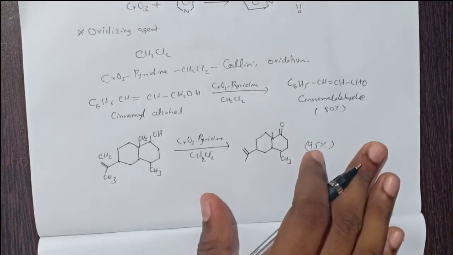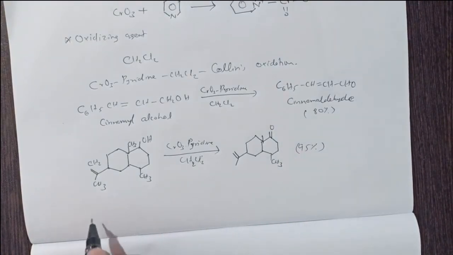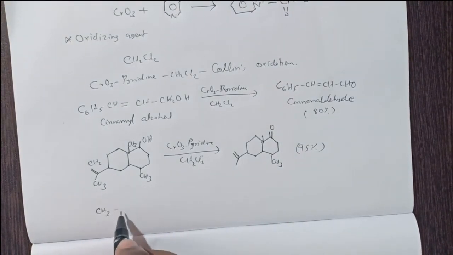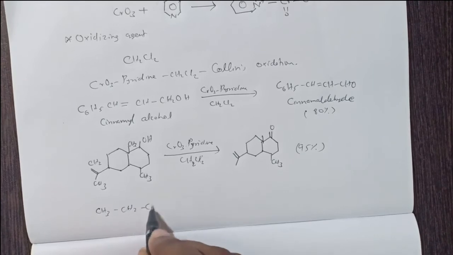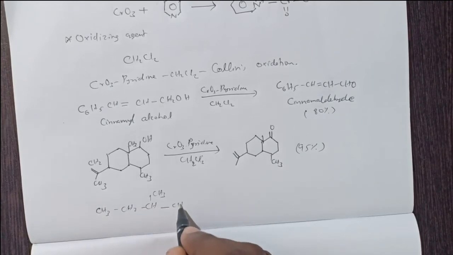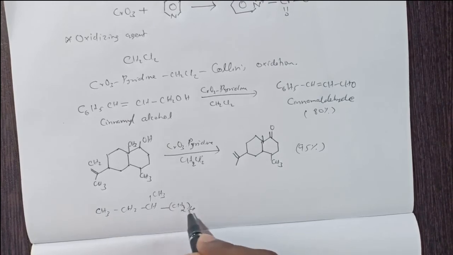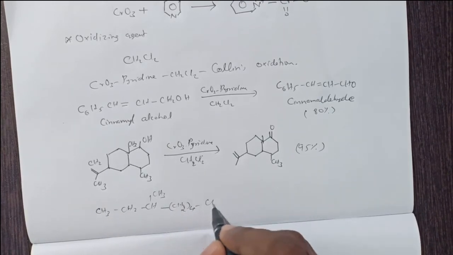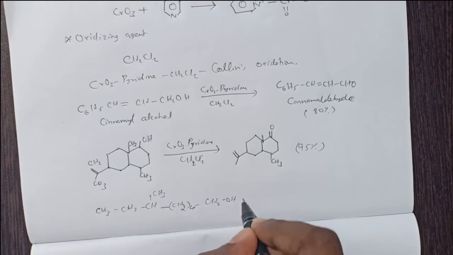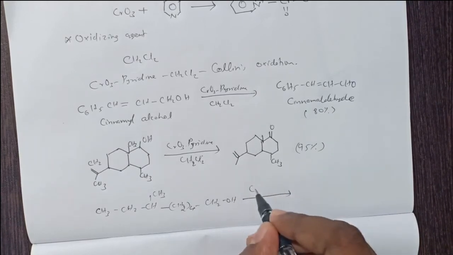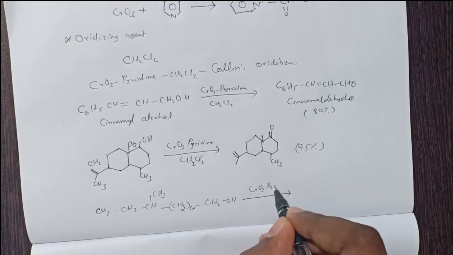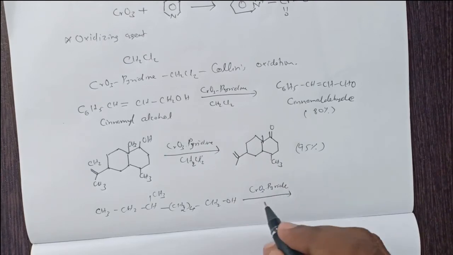Another example: CH3, CH2, CH3, then CH2 4 times, CH2OH. With the same reagents, that is CrO3 pyridine in CH2Cl2, Collins oxidation takes place.